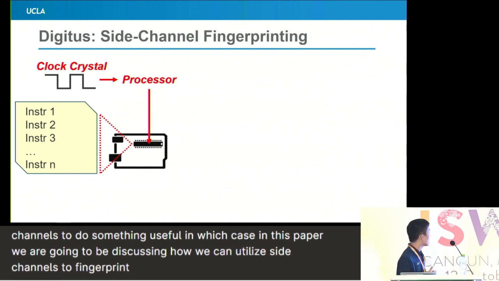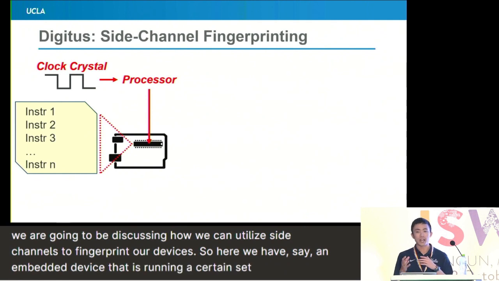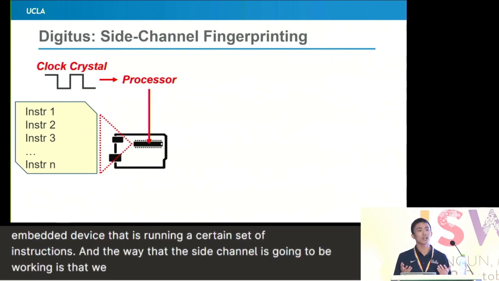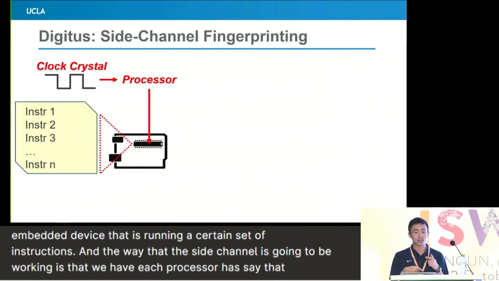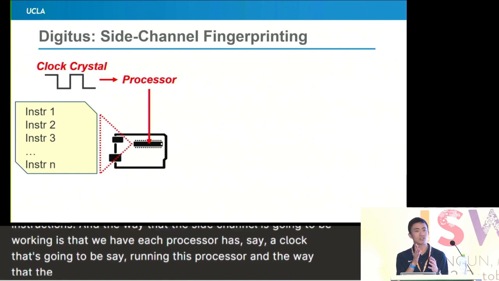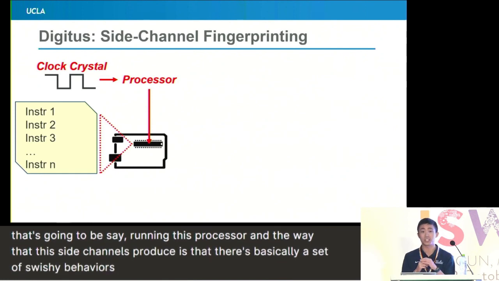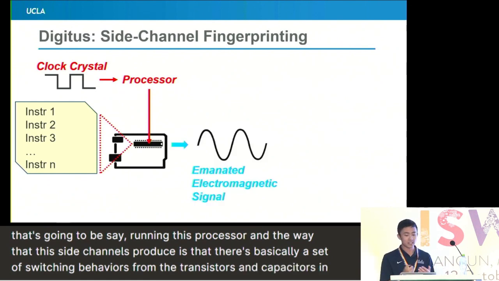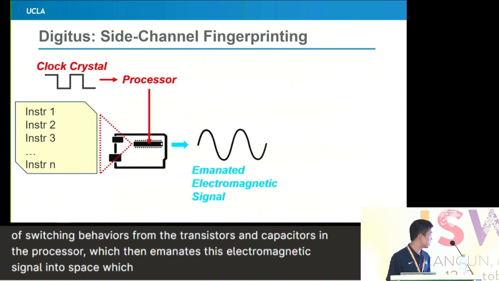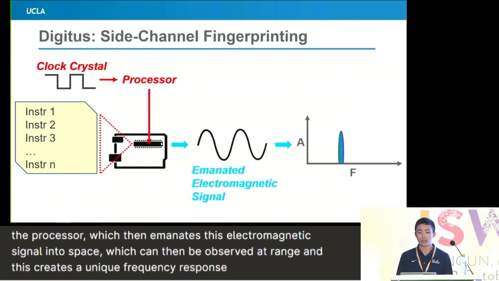Here we have an embedded device that is running a certain set of instructions, and the way this side channel works is that each processor has a clock that is running this processor, and the side channel is produced by a set of switching behaviors from the transistors and capacitors in the processor, which then emanates this electromagnetic signal into space, which can then be observed at range. This creates a unique frequency response that can then be analyzed.